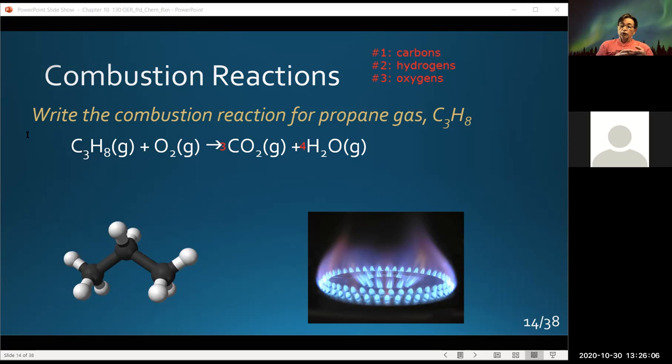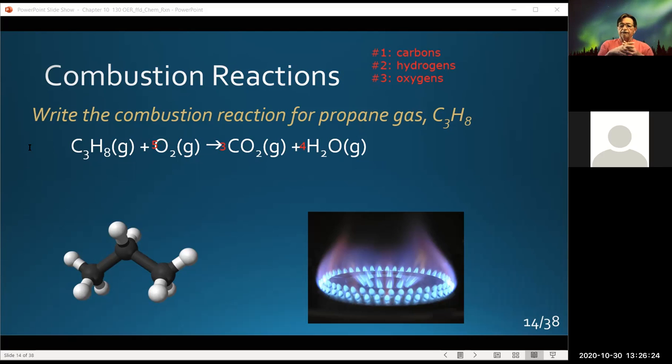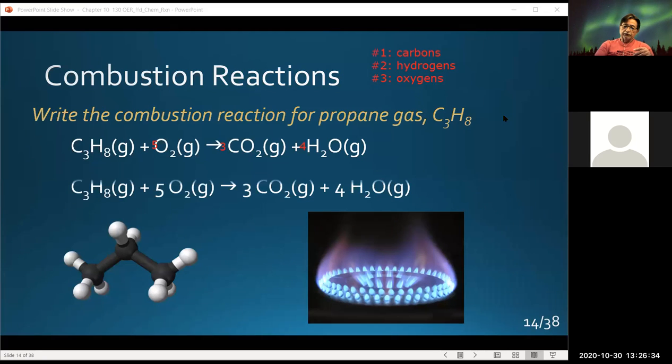That means there's a total of 10 oxygens on the product side. To make things balanced, all we have to do is put a 5 in front of oxygen. By putting a 5 there, now we have 10 oxygen atoms on the reactant side and 10 on the product side.